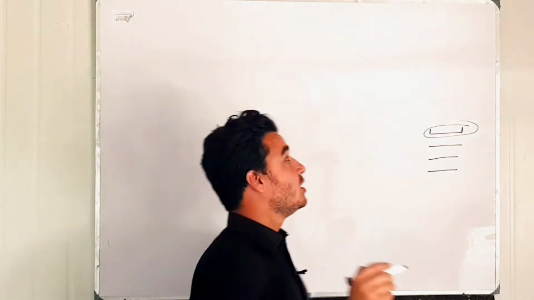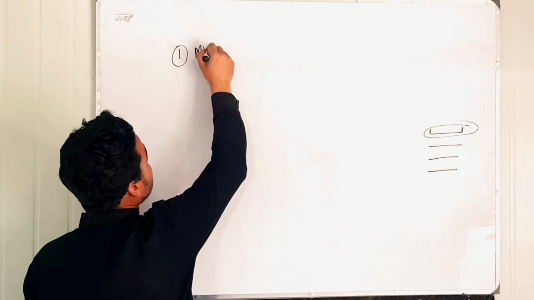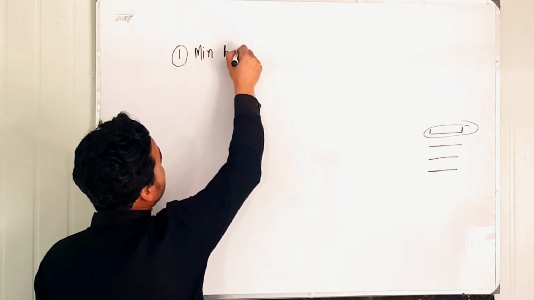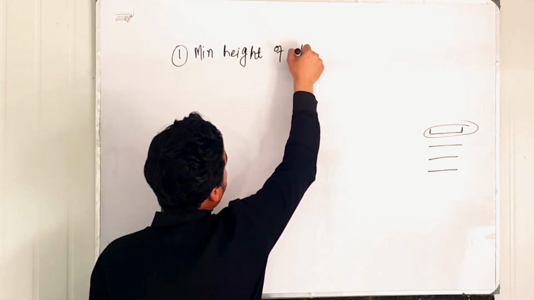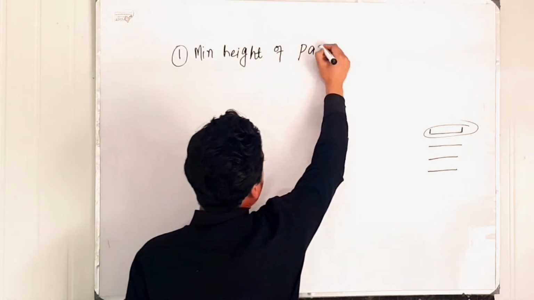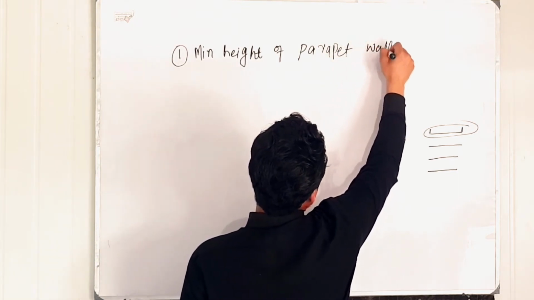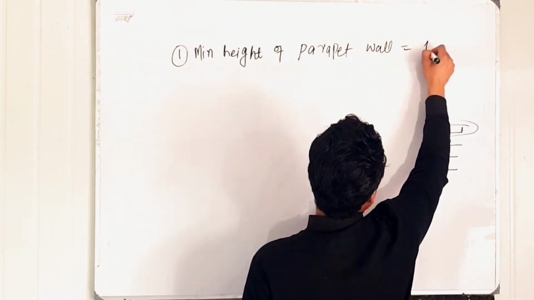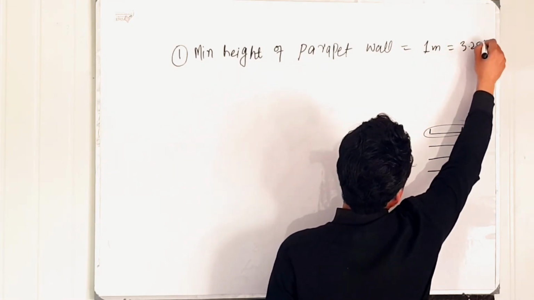Question number one is the minimum height of parapet wall. This is 1 meter, which is equal to 3.28 feet.